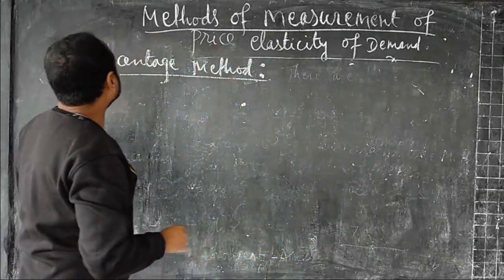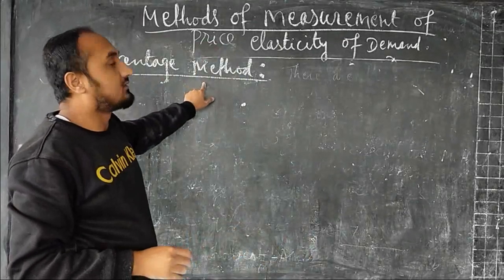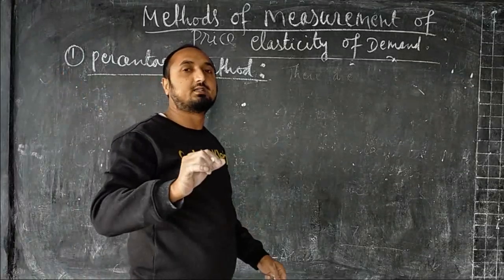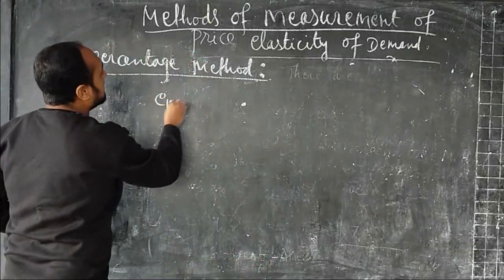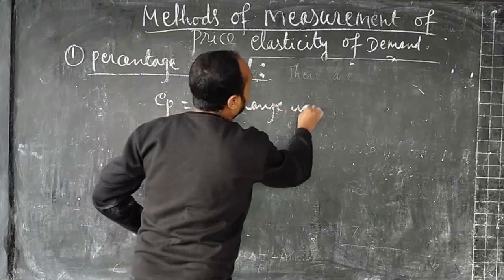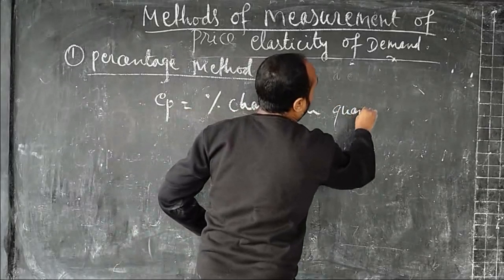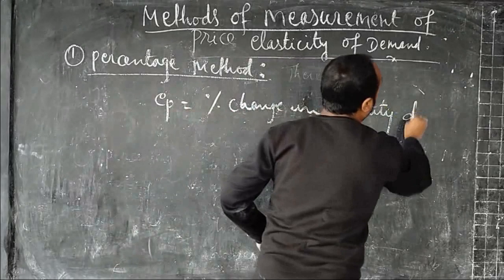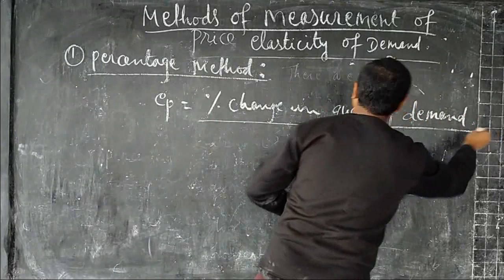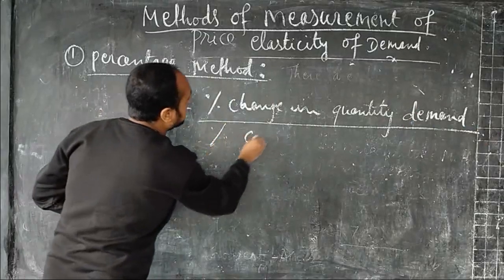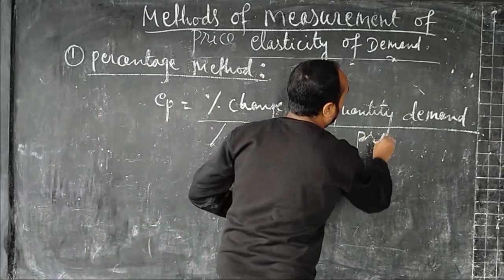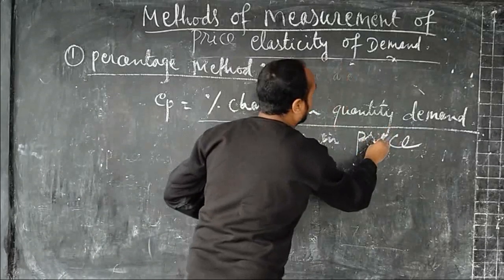So what is percentage method? Percentage method means it is the ratio of percentage change in quantity demanded divided by percentage change in price. That is EP equals the ratio of percentage change in quantity demanded divided by percentage change in price.